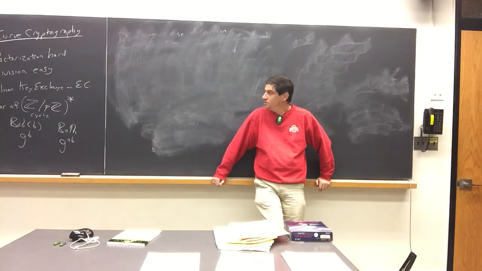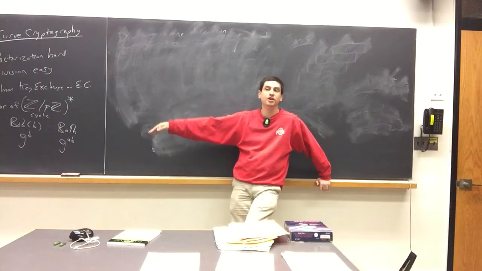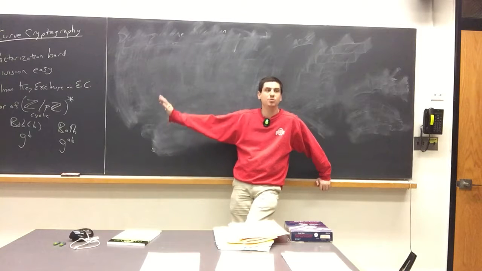So maybe we want it to be a group that's harder to work with. And maybe if it's a group that's harder to work with, it will be more secure. So this is the whole point, is that by changing the group we look at, we have the possibility of doing similar things, but maybe they'll be harder to crack. And what this could mean is you could get the same level of security for smaller values of the parameters and smaller runtimes.